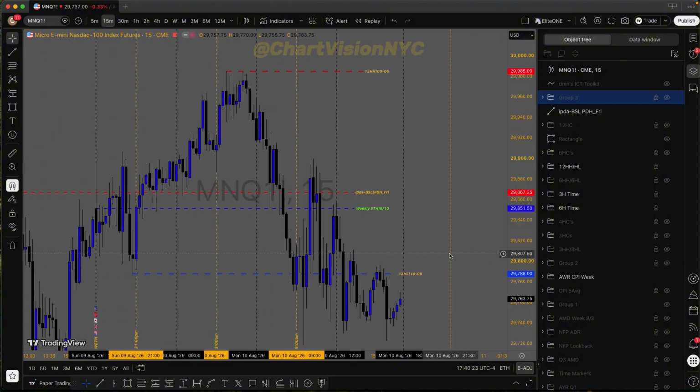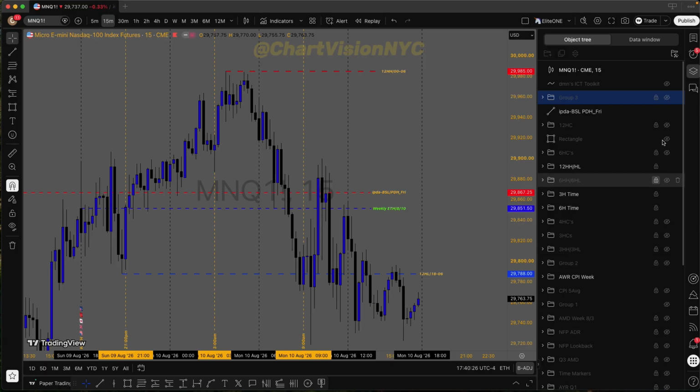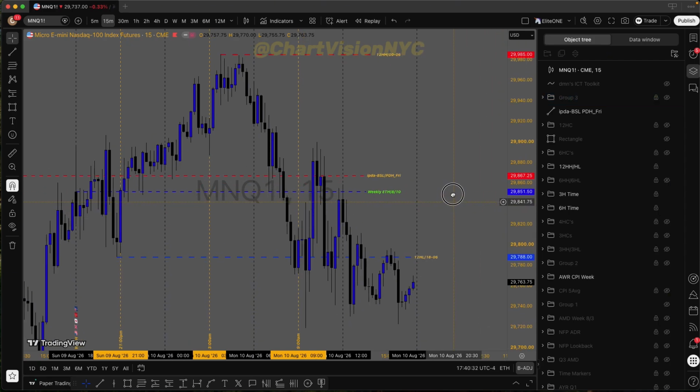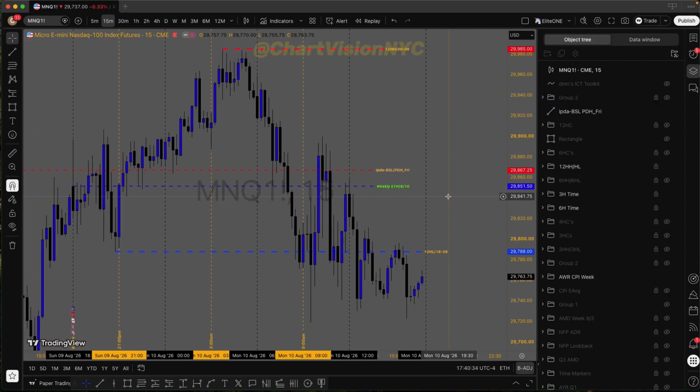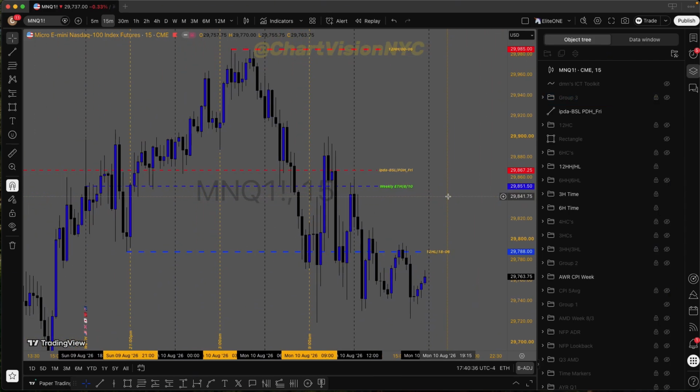The 12-hour highs and lows, right? Now you know how to use all of those things to identify the drawn liquidity. And as long as you do this every day, you will never need to ask how do I find the drawn liquidity?